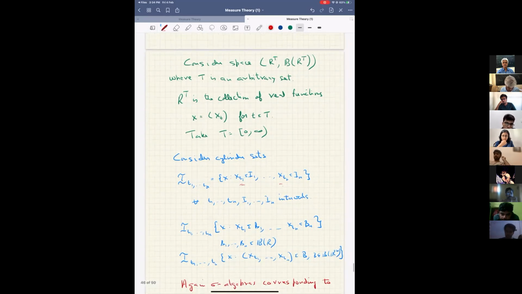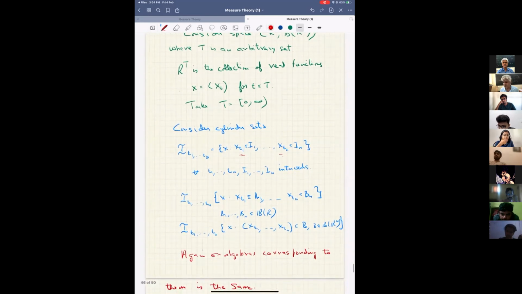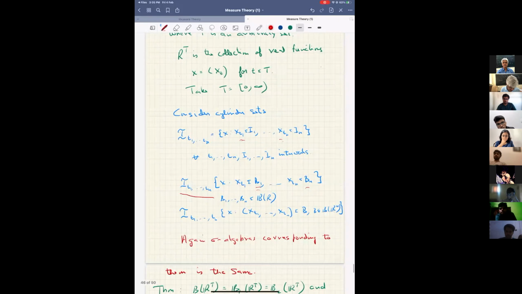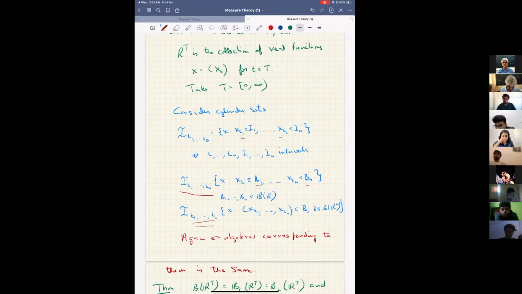But nonetheless, we've got these cylinder sets. I'm just doing the same thing, but still worthwhile. I could have again defined these cylinder sets with Borel sets B1 through Bn, or I can fix times t1 through tn and insist that (x(t1), ..., x(tn)) lies in a Borel set B, where B is in B(R^n). So I can do all these things.